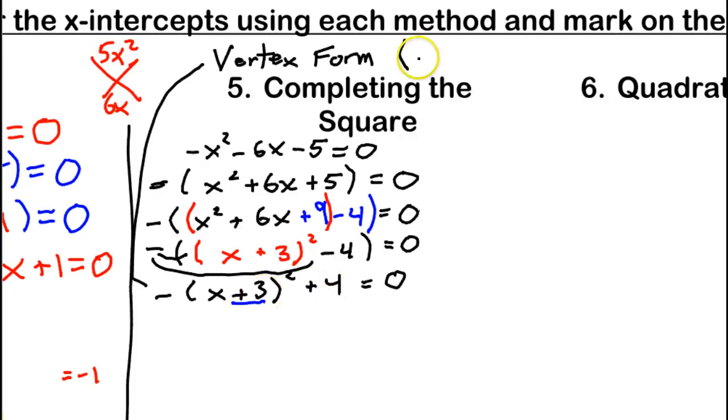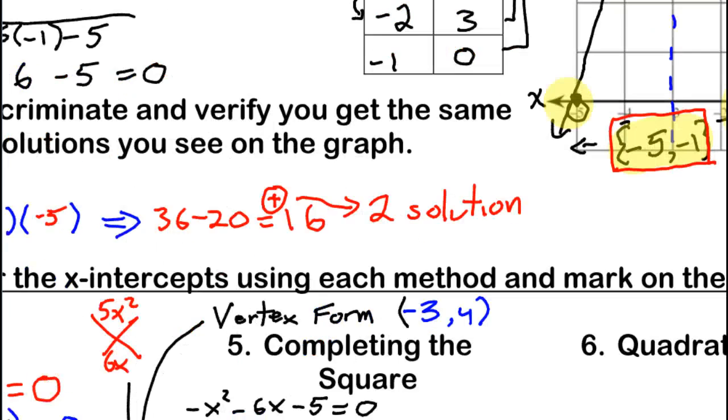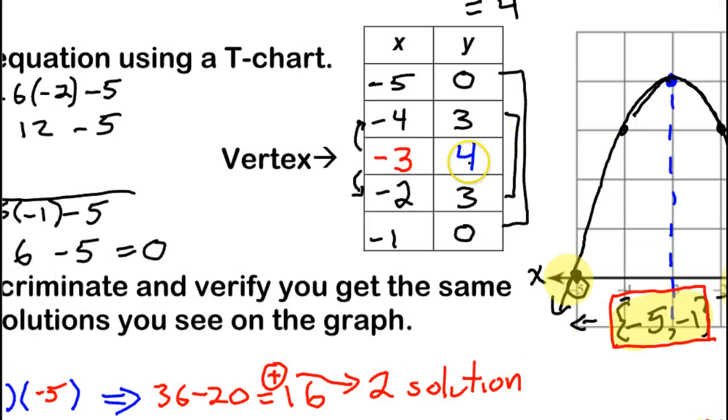Negative 3 and positive 4. Now, is that the same thing we got above? Yes. Negative 3, positive 4. So, of course, it has to match.